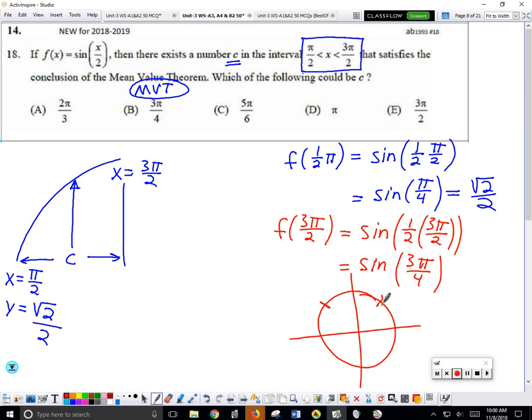Let's see, 1/4, 2/4, 3/4. Sine is the up and down. The fourths are always root 2 over 2. So it's the same thing. Question? Awesome.